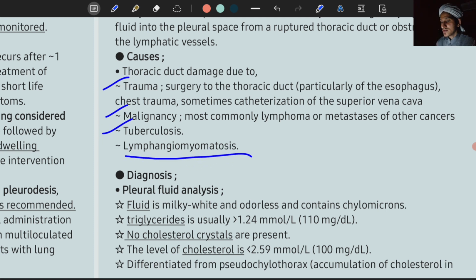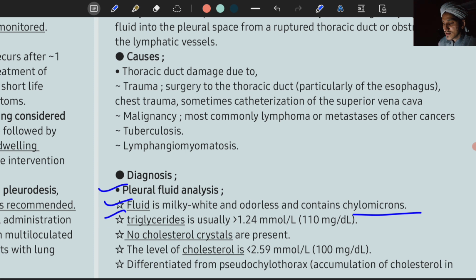So how do you diagnose it? By pleural fluid analysis. The fluid is milky white, odorless, and contains chylomicrons. You should remember these three: triglycerides, cholesterol crystals, and cholesterol levels, to differentiate between true chylothorax and pseudochylothorax. True chylothorax will have triglycerides more than 110 milligram per deciliter.